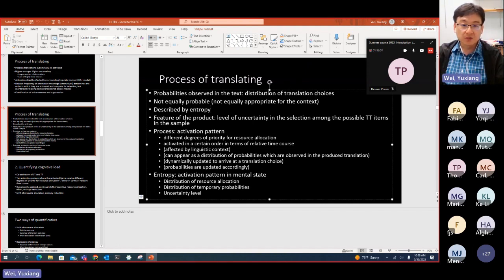And say if we're looking at probabilities, if this word corresponds to several translations, say in Chinese, then these, say, translation word A, B, C, and D are the possible translations for this word. And from the experiments, we can get a frequency of occurrence for each translation. These frequencies can be converted to probabilities and then to entropy, right?